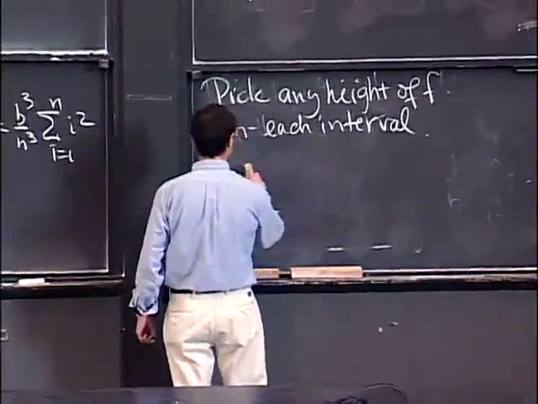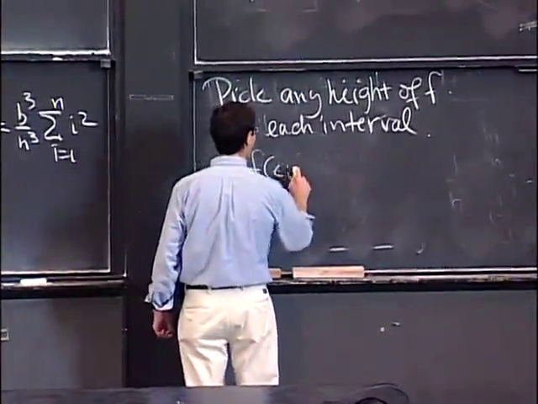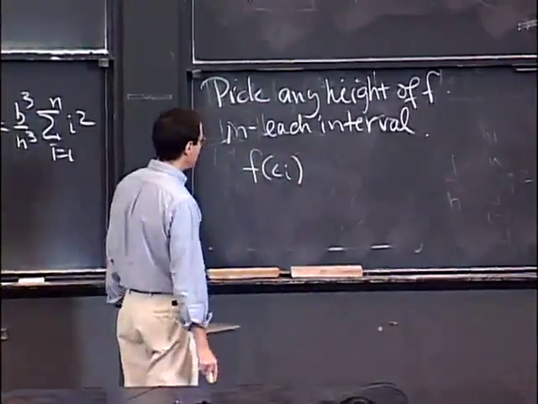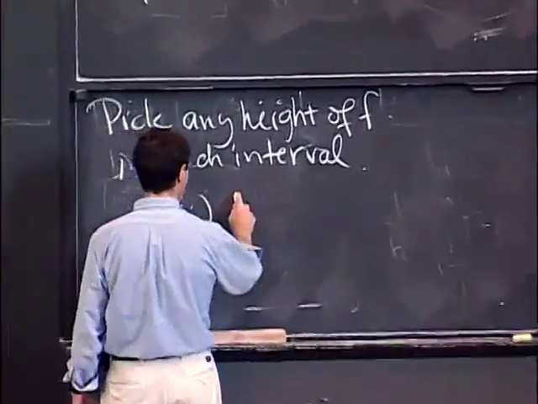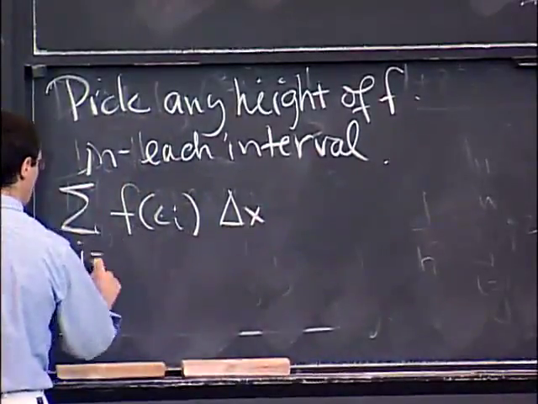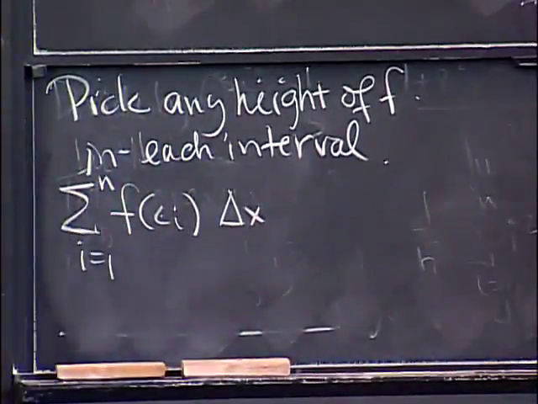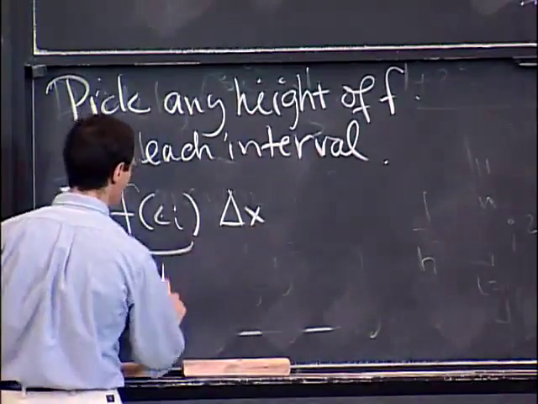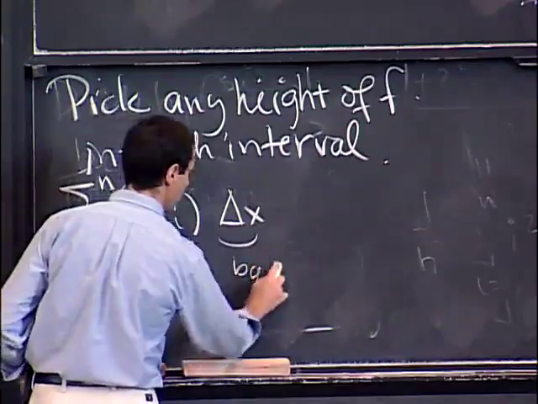So that means we're picking f of Ci, and that's a height. And now we're just going to add them all up. And this is the sum of the areas of the rectangles, because this is the height and this is the base.